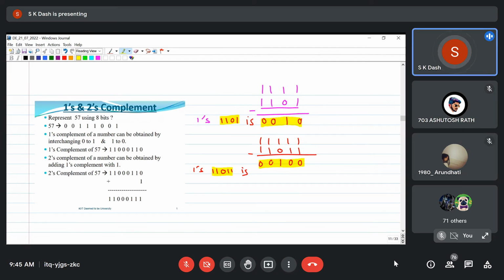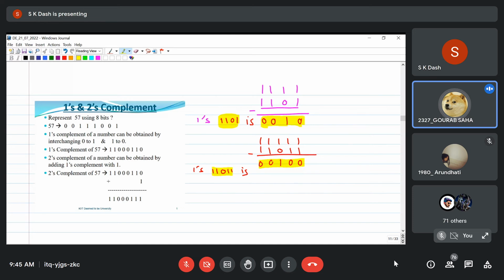Okay. But what happens if we look closely? Now observe this and this. Can you find any similarity or correlation here? Yes, sir. It's only that 1 is switching to 0 and 0 is switching to 1. The numbers are just getting interchanged. 1 is changed to 0, 0 is changed to 1.